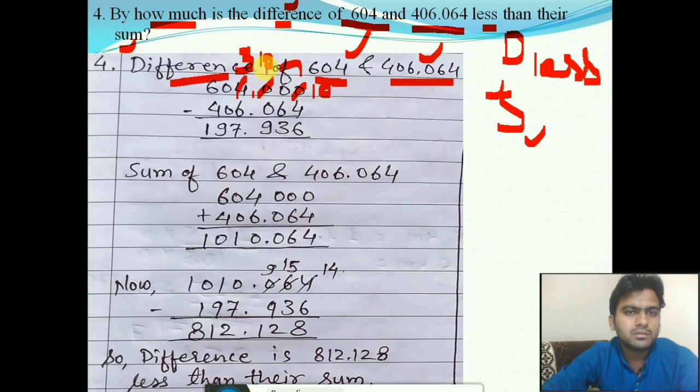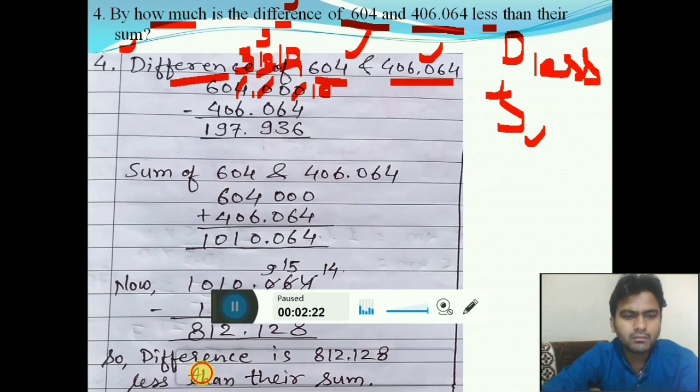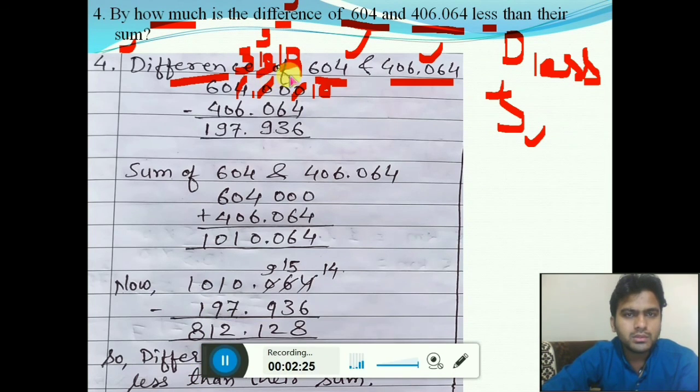Now this number has to give 1 to its right-hand side number. So this number will become 9 and the third number will become 10. So now the next number will become 9 and this number becomes 10.